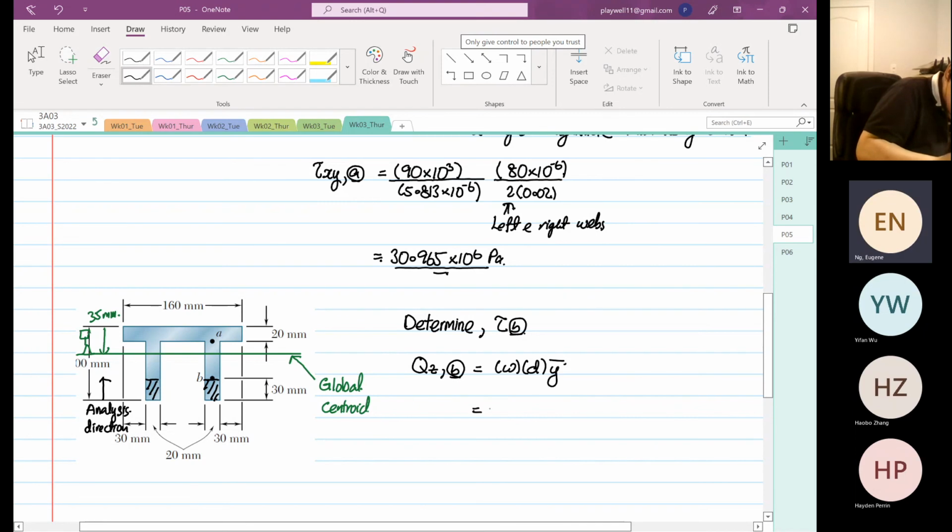So this will be 2, the width is 20, the depth is 30.